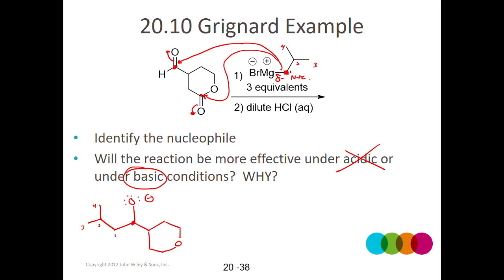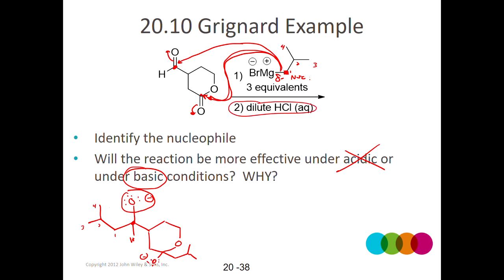So also, if the nucleophile attacks here and pushes these electrons up, I'll have something like this. 1, 2, 3, 4. So this oxygen here is stuck. Nothing can happen to it. There's a proton here. There's no leaving group. It's going to have to stay like that until the second step where it gets protonated.